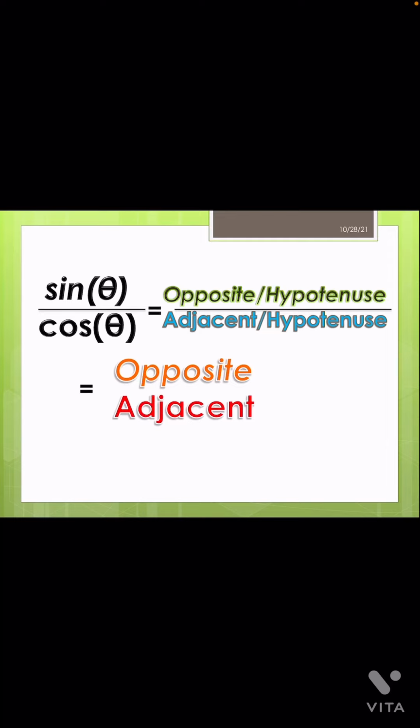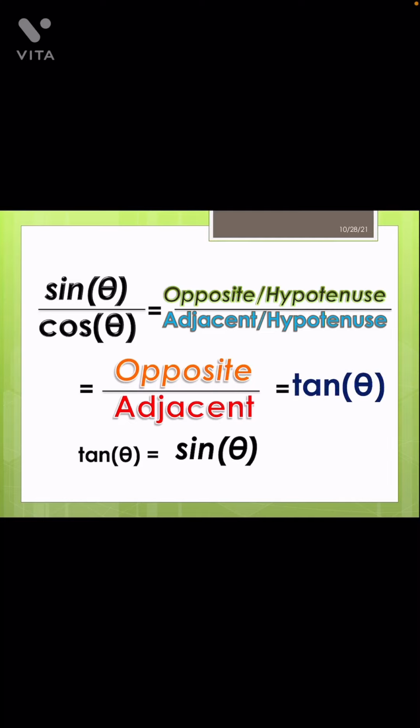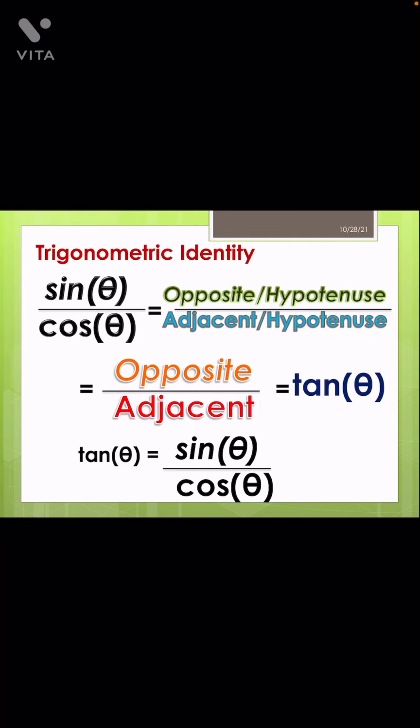What is opposite by adjacent? This is nothing but tan. So we will get sin theta by cos theta is equal to tan theta. This is our first trigonometric identity.